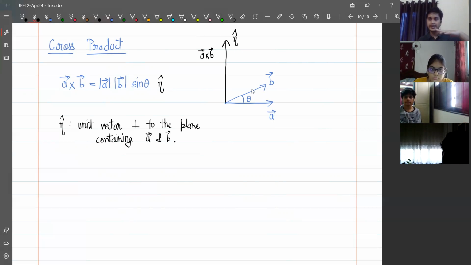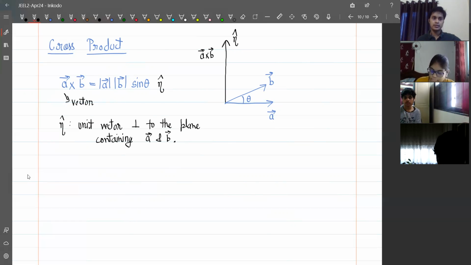If this is A and this is B, then perpendicular to A and B, like that. So eta cap is a unit vector along that direction. So A cross B is a vector.